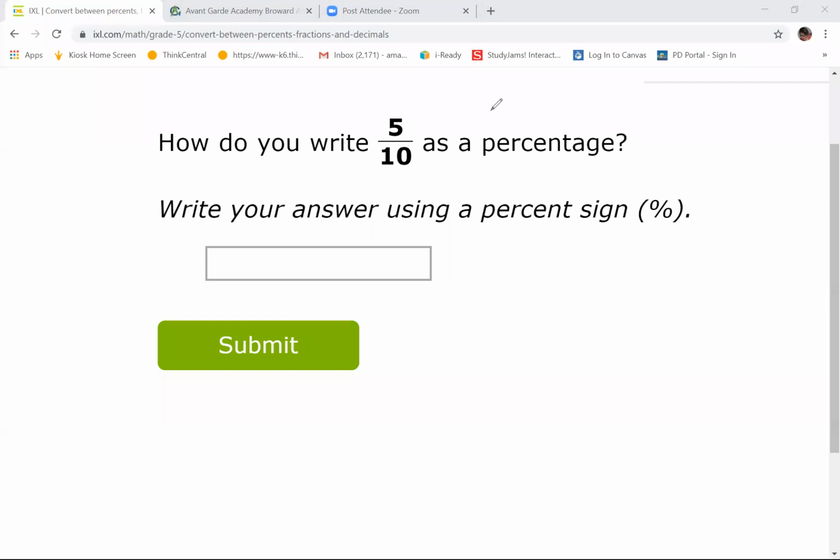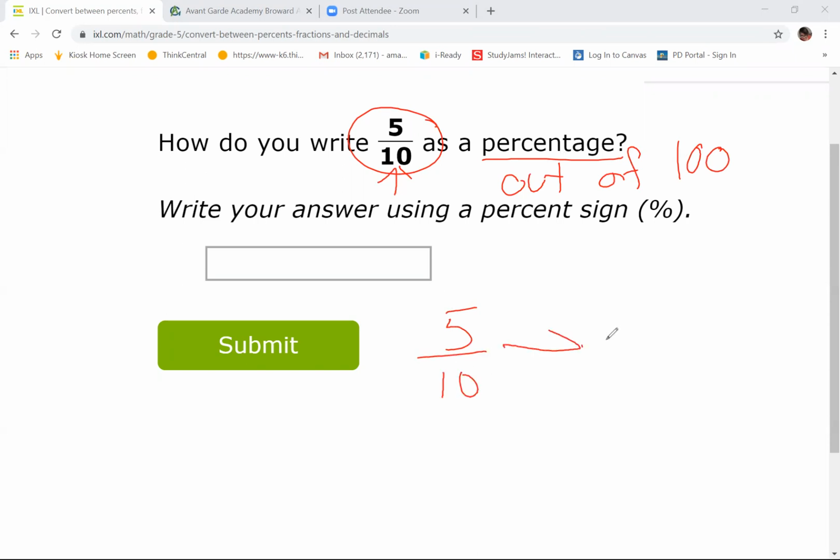And here we go. It says, how do you write 5/10 as a percentage? Now remember, a percentage means out of 100. But we don't have 100 here, do we? All I have to do is turn 5/10 into 100. How do I go from 10 to 100? We multiply by 10, right? Because 10 times 10 is 100.